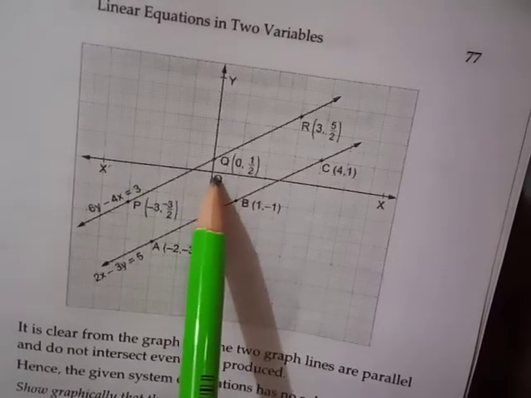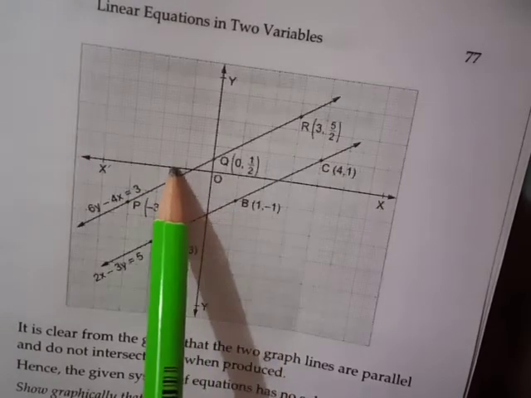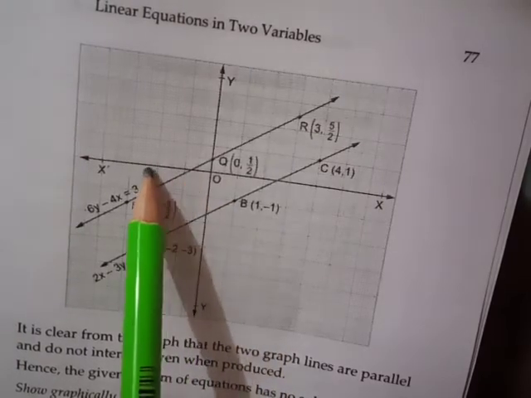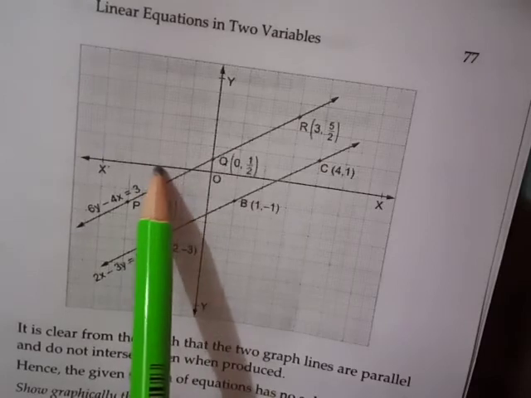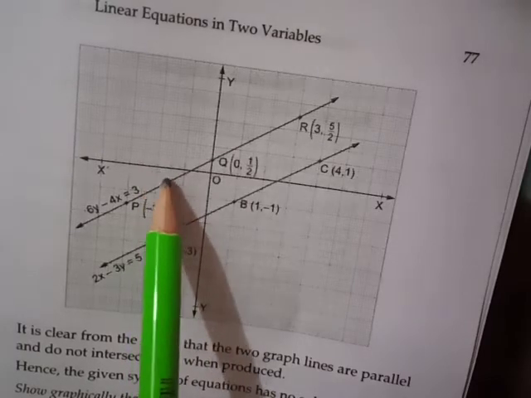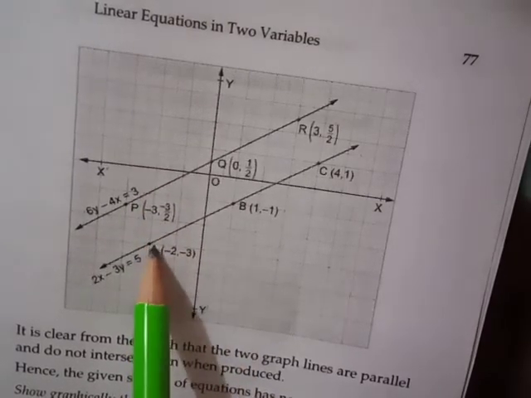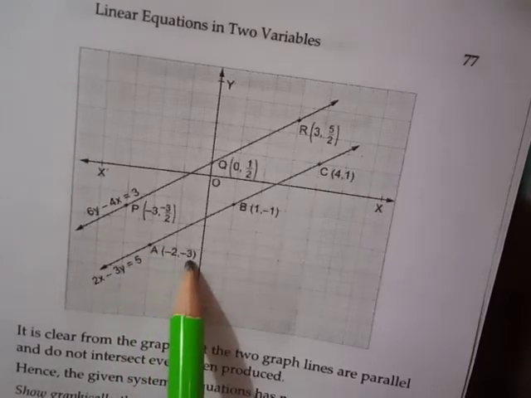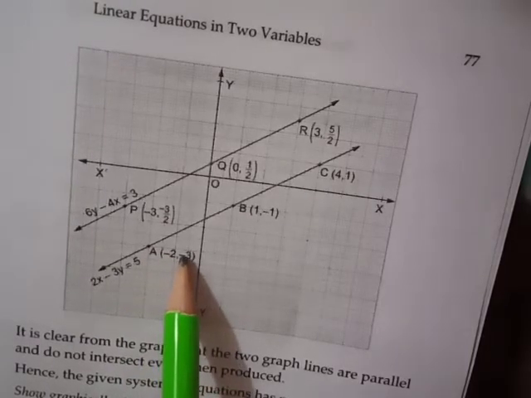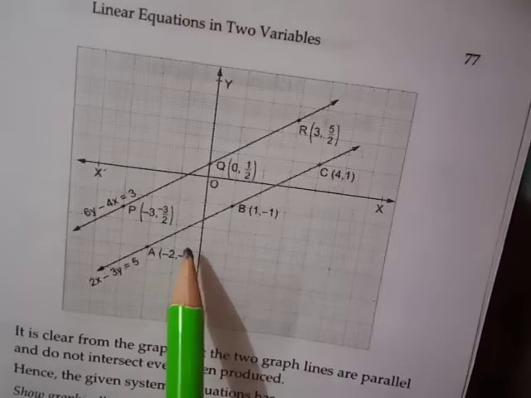Start from here: x is minus 2, so 1, 2. Come here, and y is minus 3, so 1, 2 and 3. This is the point minus 2 comma minus 3. Now the next point is 1 comma minus 1.